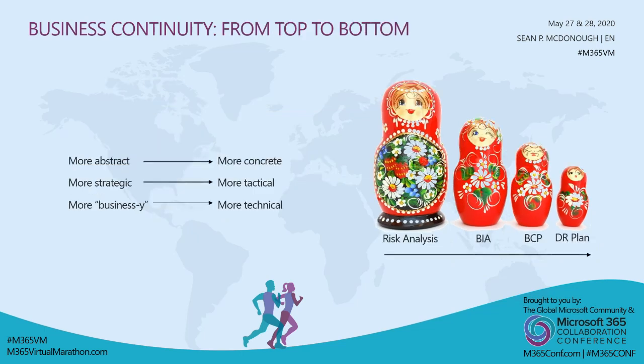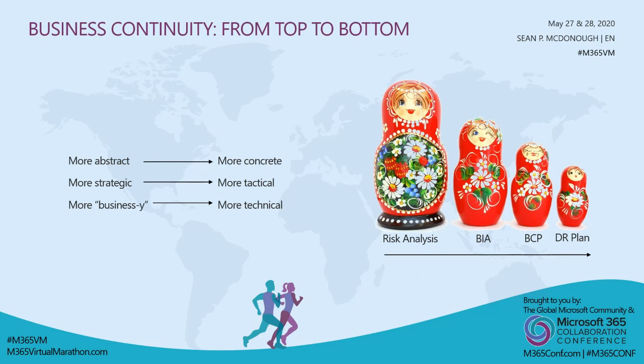So when we go from risk analysis down to the DR plan, you'll notice that we go from more abstract, more strategic, businessy, down to concrete, tactical, technical. That's where we're at in the process of building a DR plan.